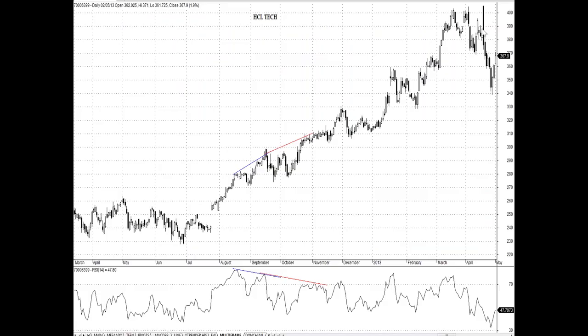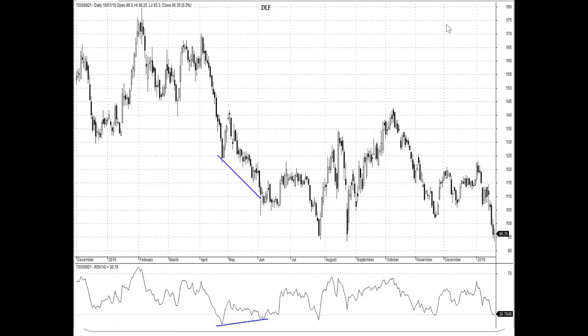Similarly in SCL Tech, you see the divergence is there, but the prices are making highs. Divergence does not mean a trend change every time. We have to use price patterns along with it to see whether the trend has changed or not. DLF has a bullish divergence, but no, it does not mean the trend has changed.